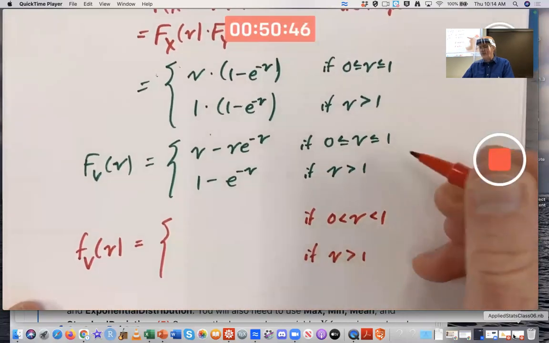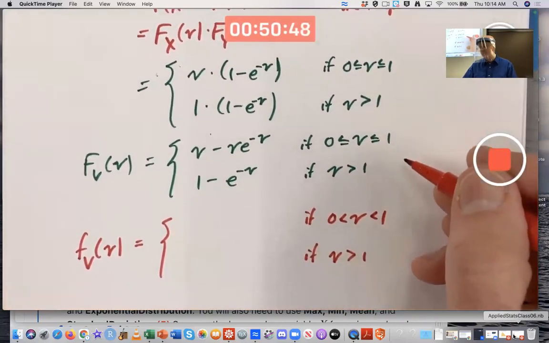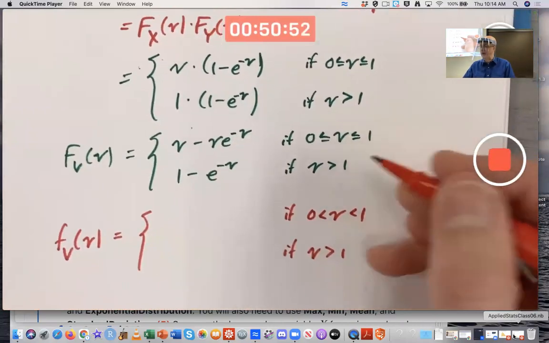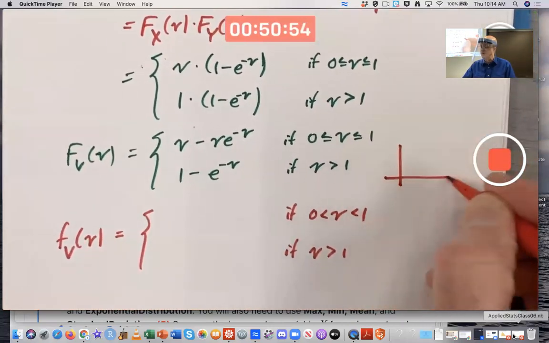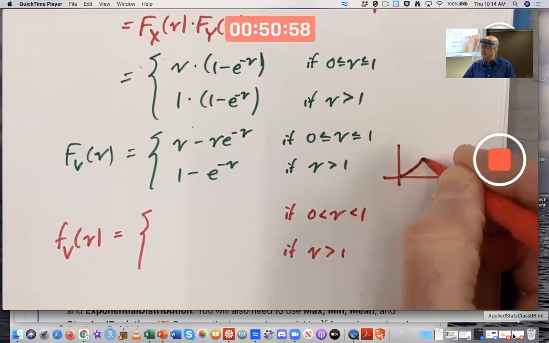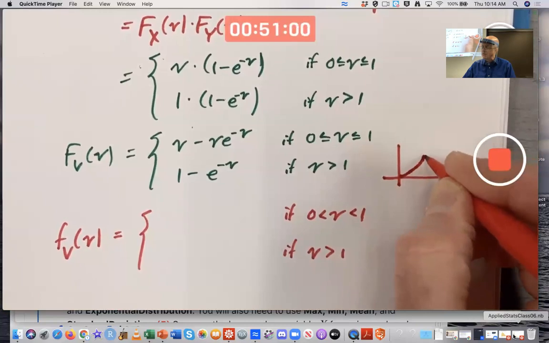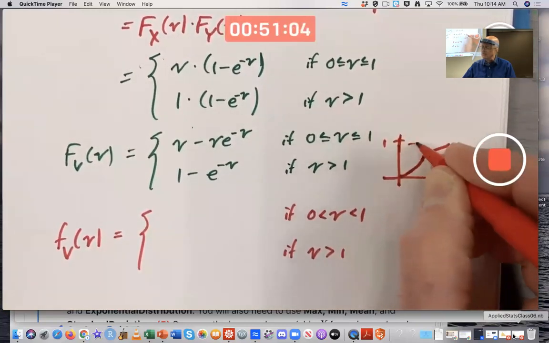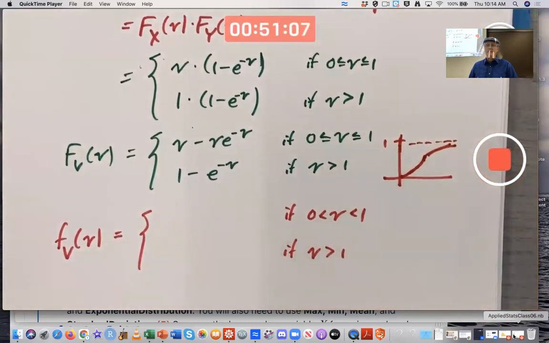While capital F is continuous at 1, it's not differentiable there. If you graph it, you didn't have to graph it, but I did, it looks about like this, and then it's got a corner there.